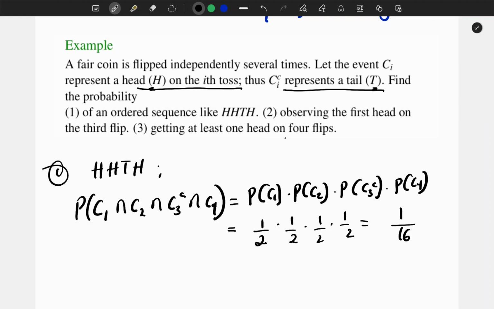So the next question is the probability of observing the first head on the third flip.